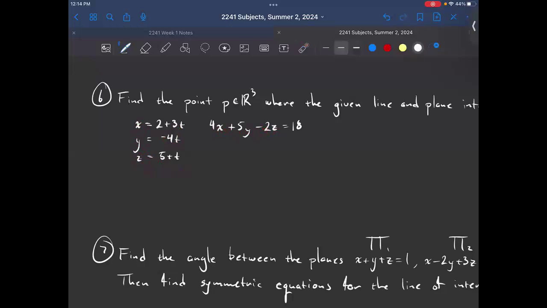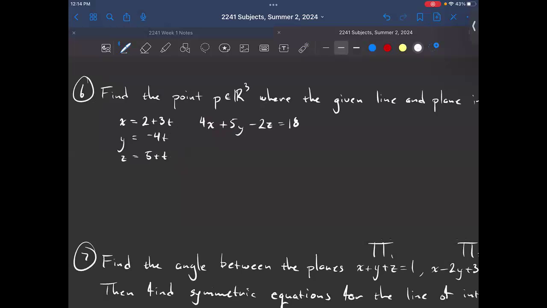So all I need to do is plug in x, y, and z, and then solve for t, because I'll get a resulting linear equation in t, and that will be easily solvable. All right, so we have 4 times (2 plus 3t) plus 5 times (minus 4t) minus 2 times (5 plus t). And this equals 18. Now all I do is solve for t.